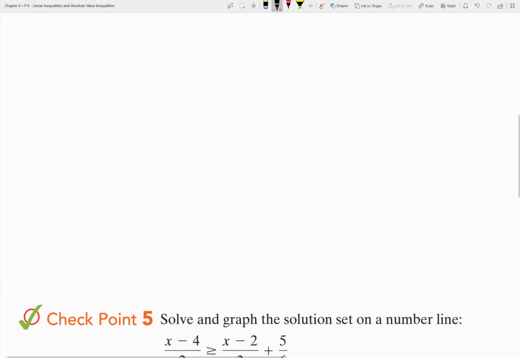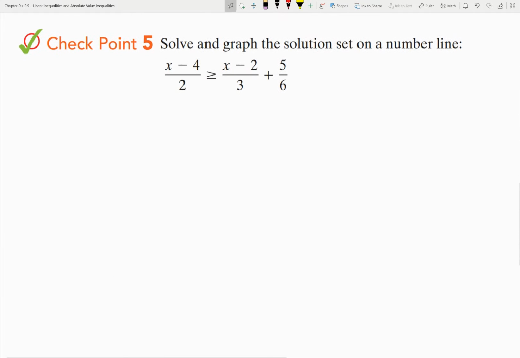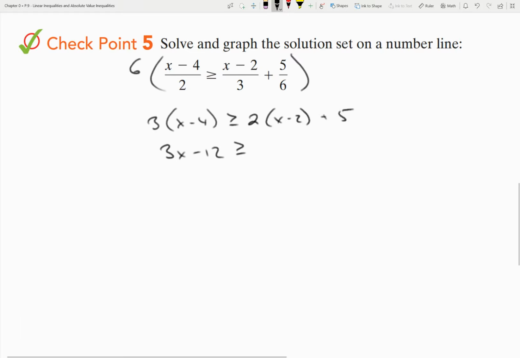Let's try one more, just like that. The denominators are 2, 3, 6. The common denominator between 2, 3, and 6 is 6. So that's 3 times x minus 4 is greater than or equal to 2 times x minus 2. And then the 6's just cancel, so we have a plus 5. 3x minus 12 is greater than or equal to 2x minus 4 plus the 5, which is greater than or equal to 2x plus 1.